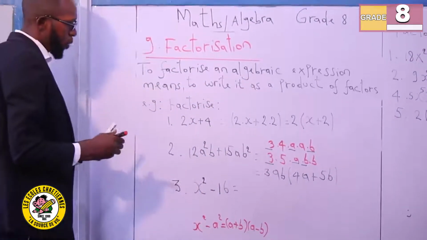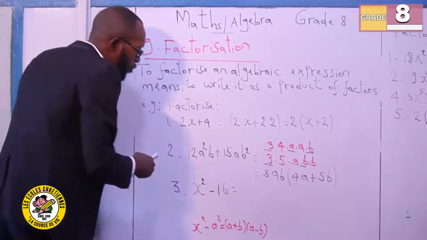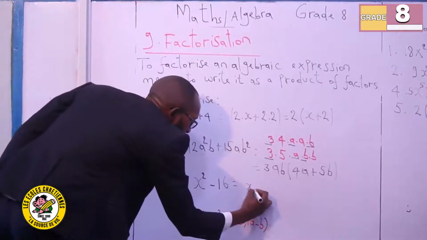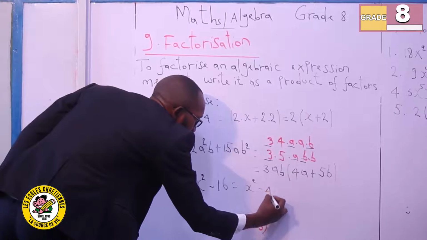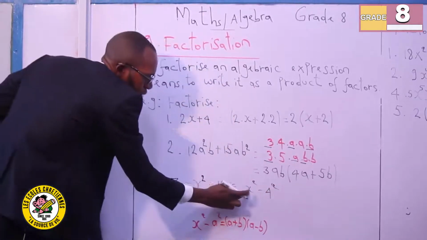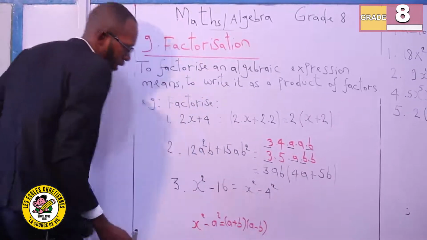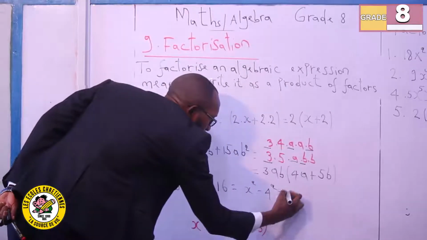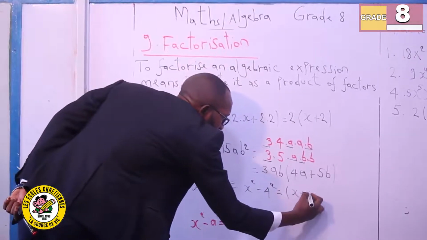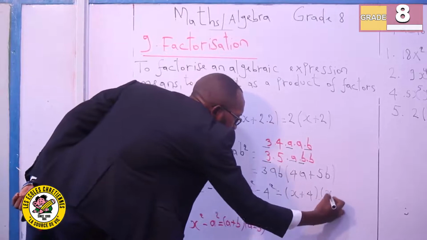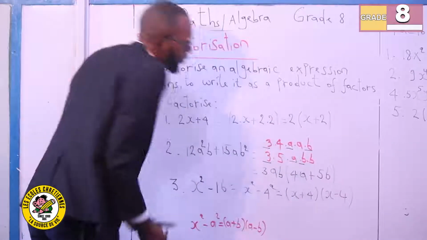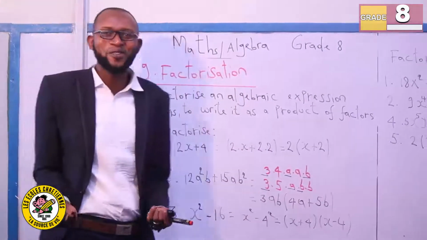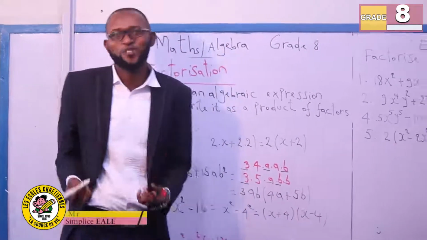So you have to use the properties. So I can write like this, x squared minus 4 squared. So if I want to factor, I will write x plus 4 and x minus 4. Very easy to factorize algebraic expressions.